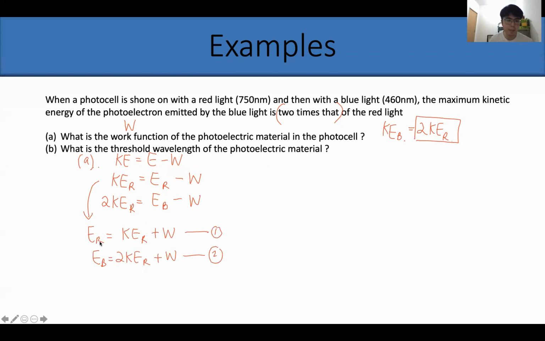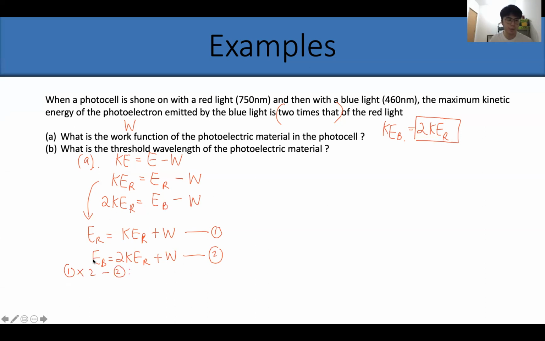So I want to solve this simultaneously. Okay, I'll just use the elimination method. So I can just cancel out the KE. This one, the KER is the same. I can just cross off. But I have to take equation 1 times 2 minus equation 2.